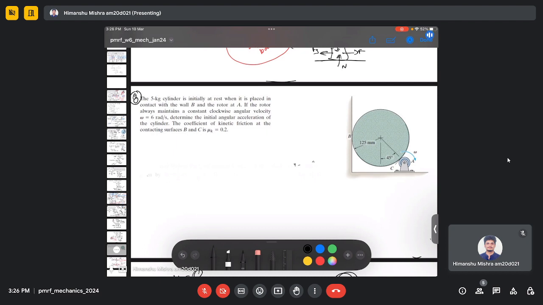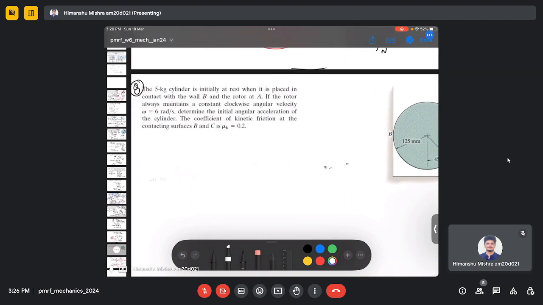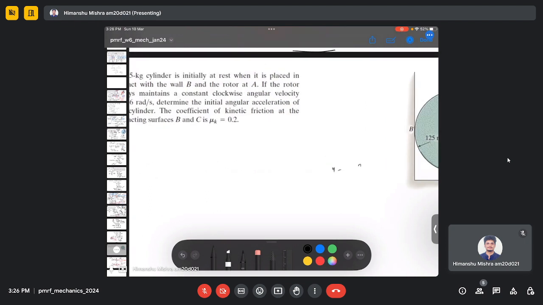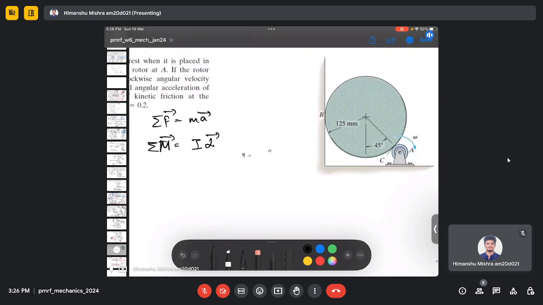So as usual, as we have discussed before, we will make the set of equations from the force balance as well as the moment balance. So here we have only one body, and we can apply these two expressions to the main cylinder itself.